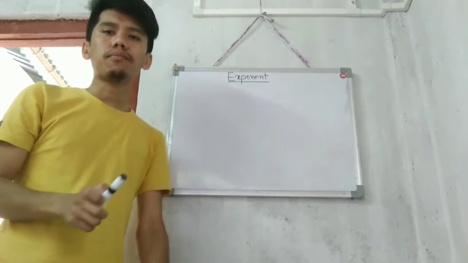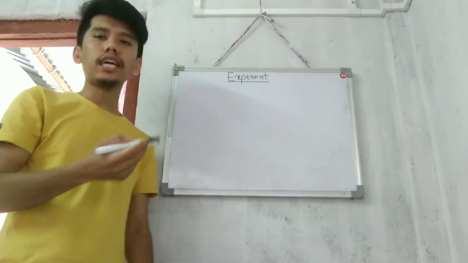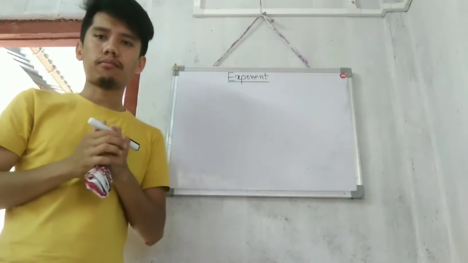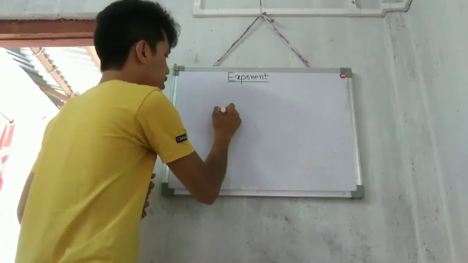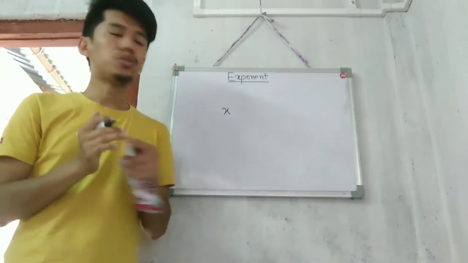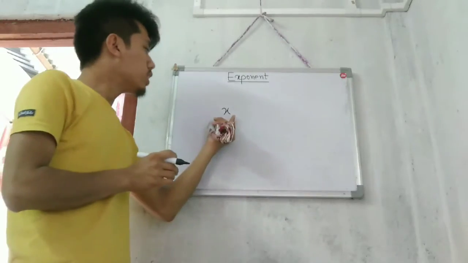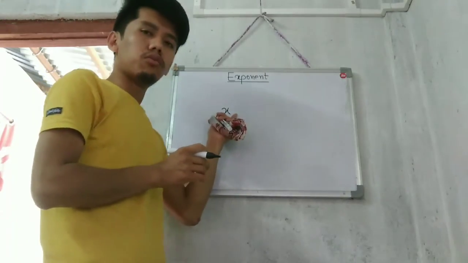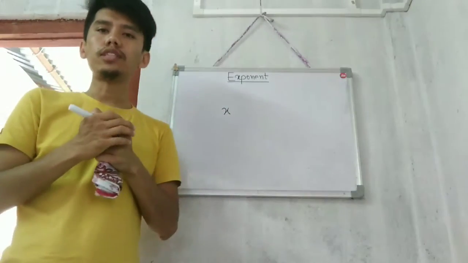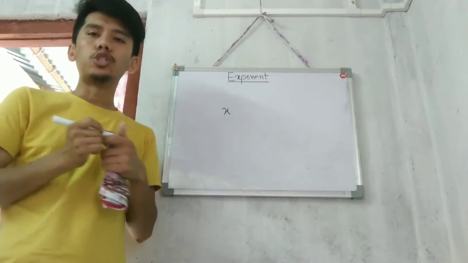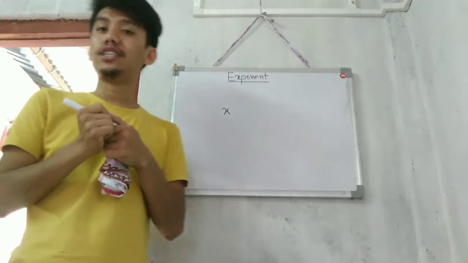Whenever we express any algebraic expression, any variable, say the variable is x here. So here x is a variable, and with this variable there must be a power. If there is no power, we have to assume that the power is 1.